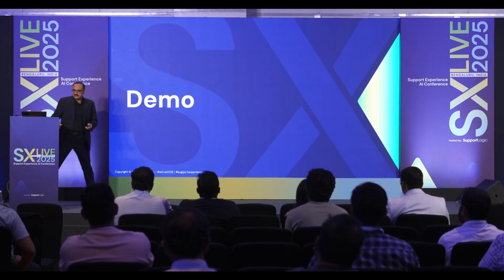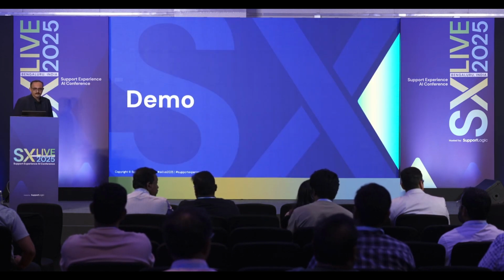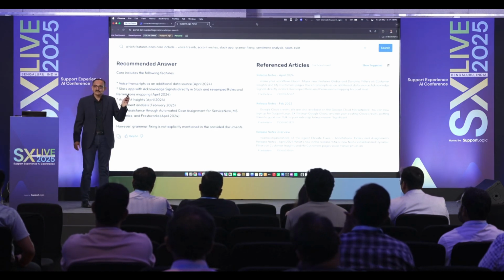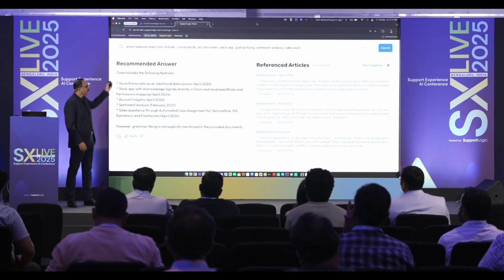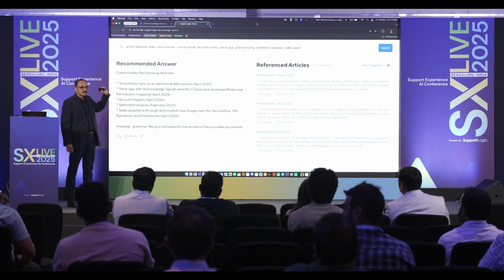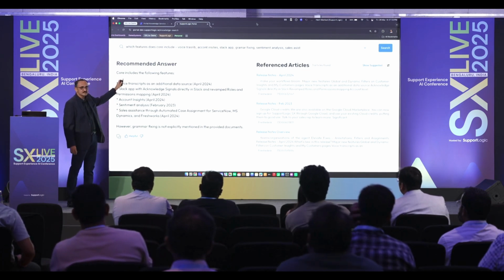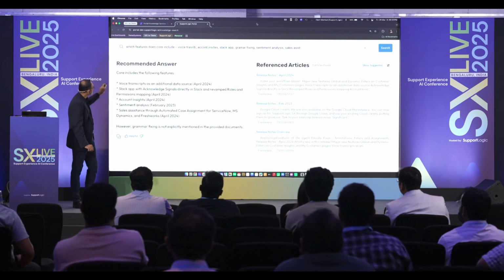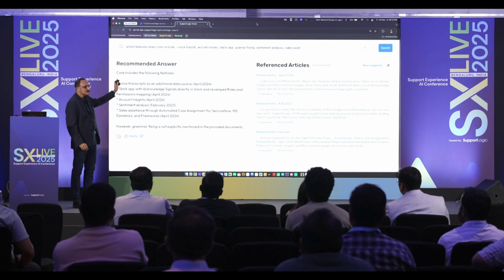I'll quickly shift to the demo. Here, I have put in a query that deliberately has spelling mistakes and multiple things in it. My question should have been, which features does Core include?